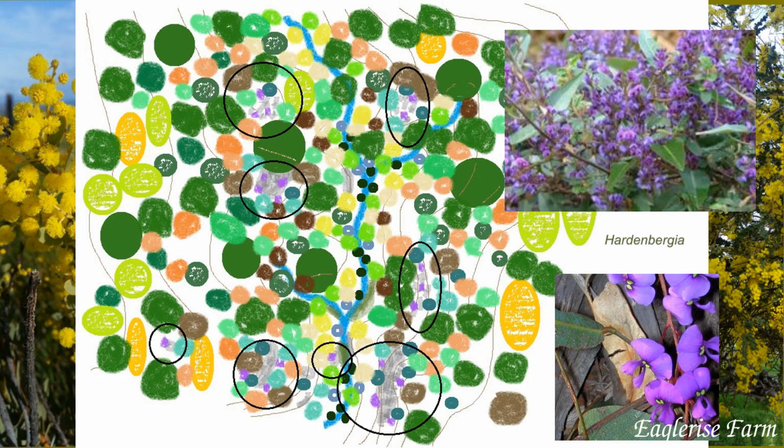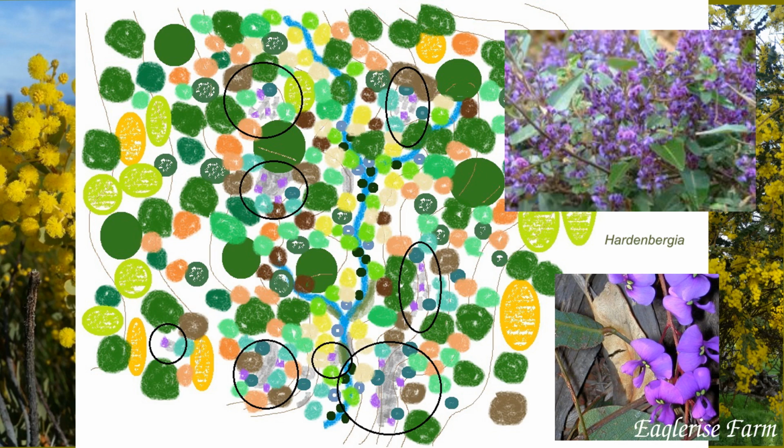One of the colourful plants we have is the Hardenbergia or the happy wanderer. There's lots of common names for this one. It produces lovely little violet type flowers. It's a fast growing native climber. The stems can grow up to 2 metres long, and it has a lot of flowers from August to November.